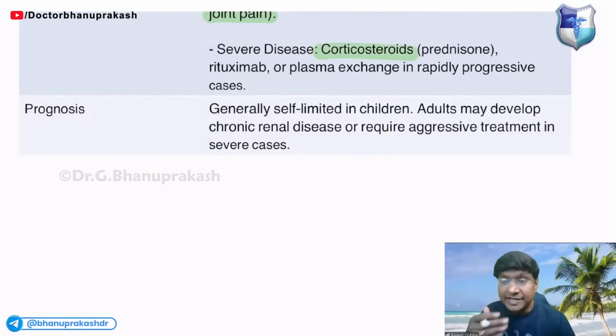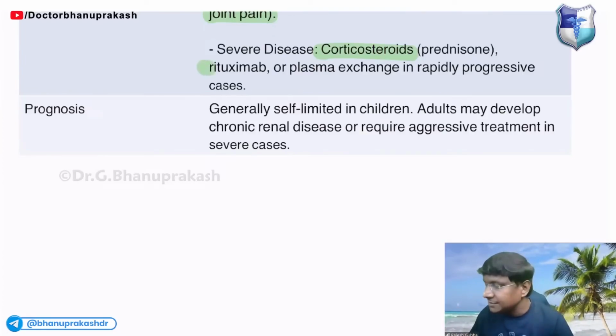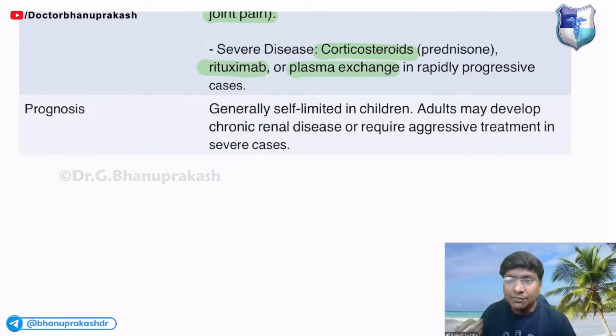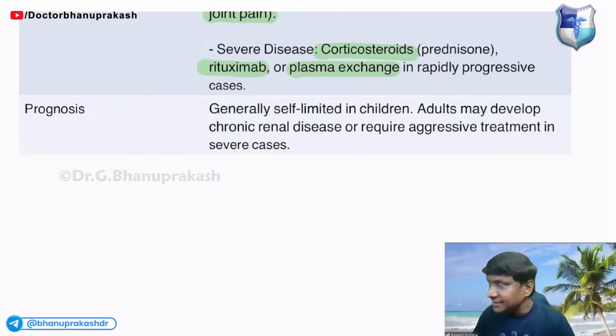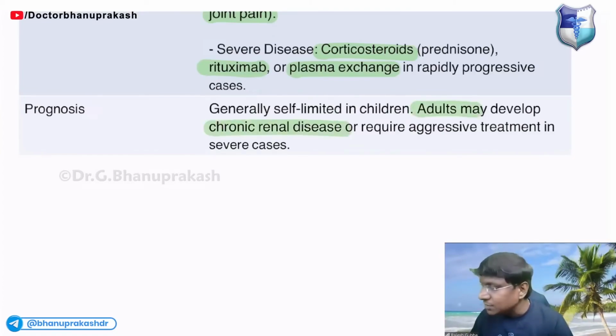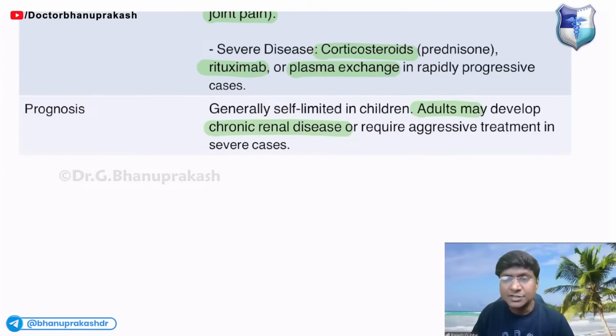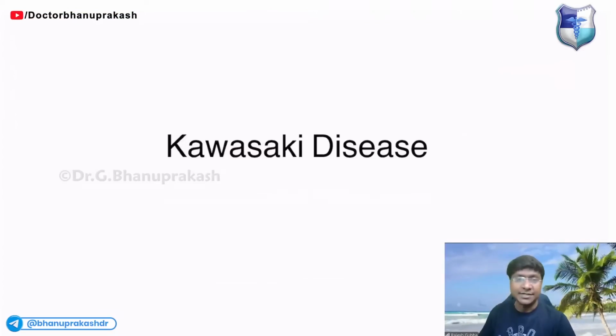But if the individual is having a rapid progression, then rituximab or plasma exchange has to be done. And how will be the prognosis? It is generally self-limited in children, but adults may develop chronic renal disease. This is about Henoch-Schönlein's purpura, which is nothing but IgA vasculitis.